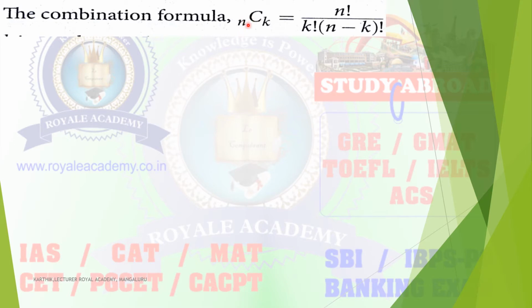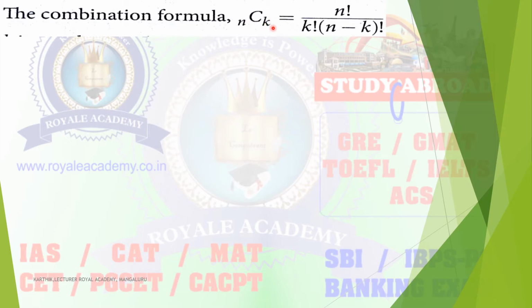Here n is nothing but the total number. In the wires example, 2 wires plus 3 wires plus 4 wires, 4 plus 3 plus 2 is 9. So 9 is the total number.